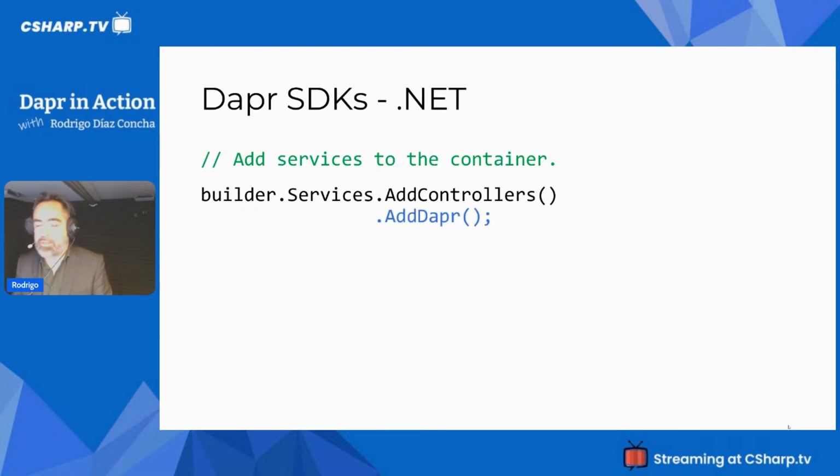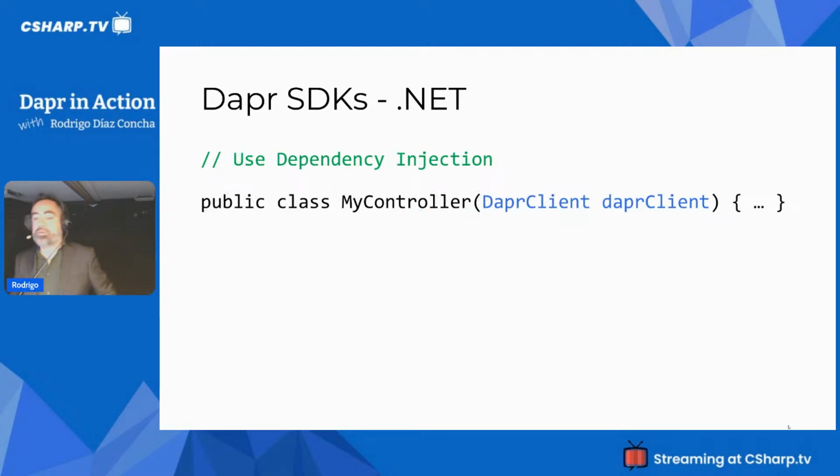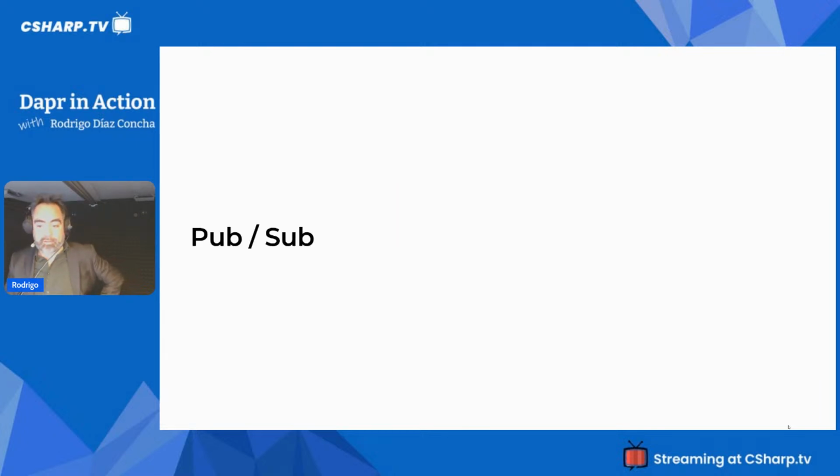If you happen to be using ASP.NET Core, then you need to register Dapr by using AddDapr. You can see that here on the screen. And then you can inject the Dapr client object in your controllers, and then you can use all of the different methods that the Dapr client object exposes. So that's perfect, and that's the intro for this learning checkpoint.